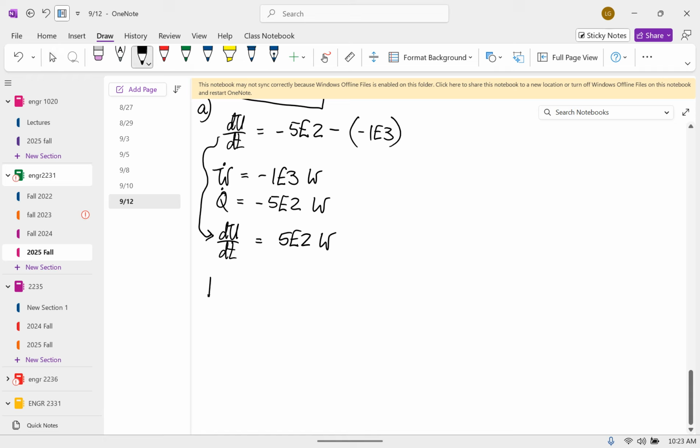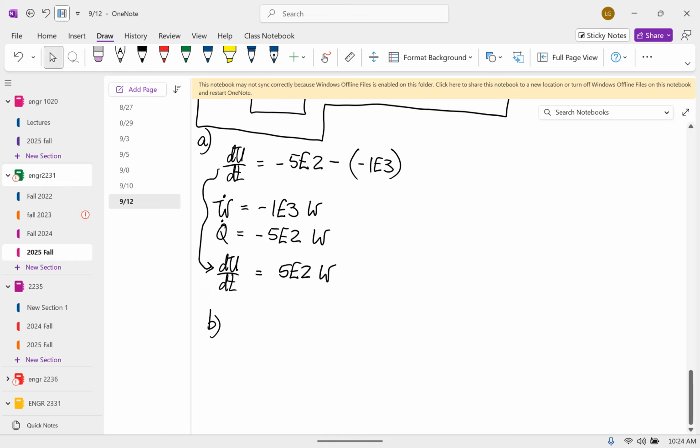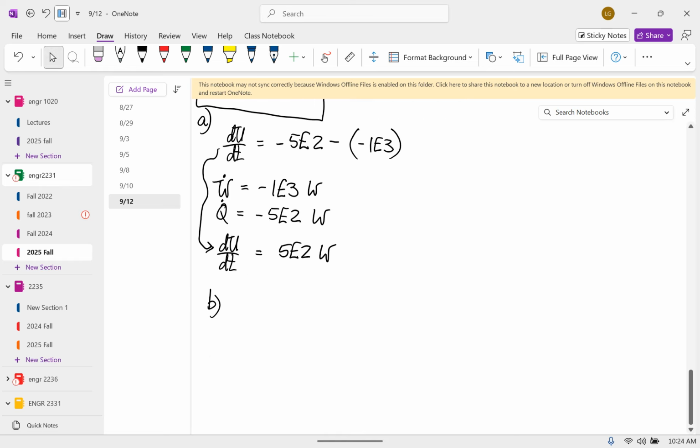Now, second, we're asked for d little u/dt. Well, we know that dU/dt is equal to 5 times 10 to the second, and that's equal to the mass times d little u/dt. That's the boxed equation.